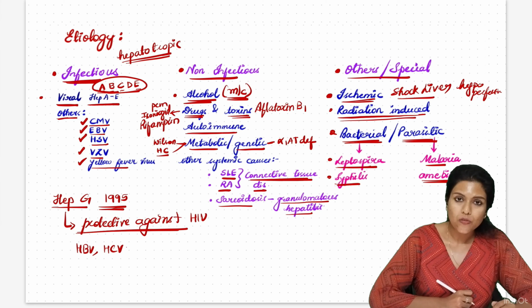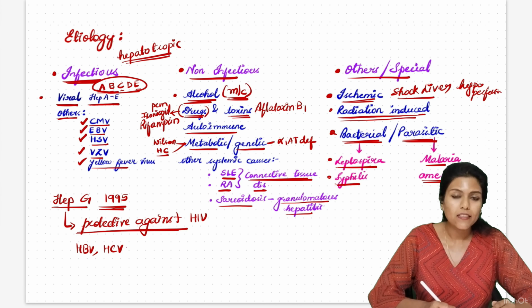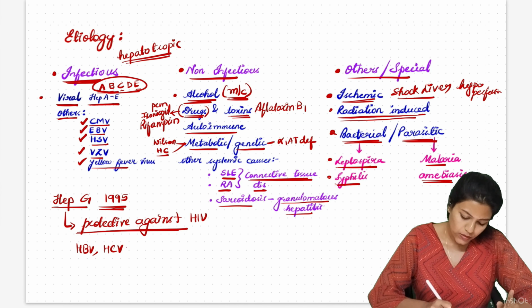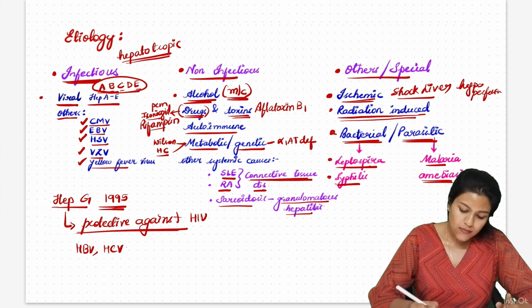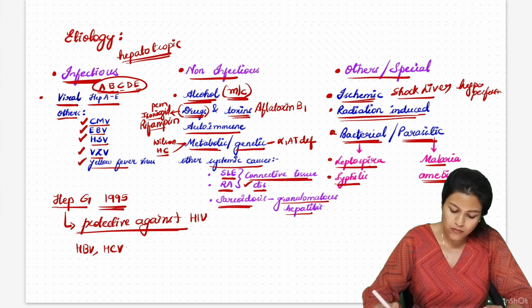The most common non-infectious cause is alcohol, seen in chronic alcoholics, drugs like paracetamol, and TB drugs like rifampicin, isoniazid, toxins like aflatoxin B1, autoimmune causes, metabolic causes like Wilson's disease, hemochromatosis, and genetic causes like alpha-1 antitrypsin, other systemic causes like connective tissue diseases, that is SLE, rheumatoid arthritis, sarcoidosis.